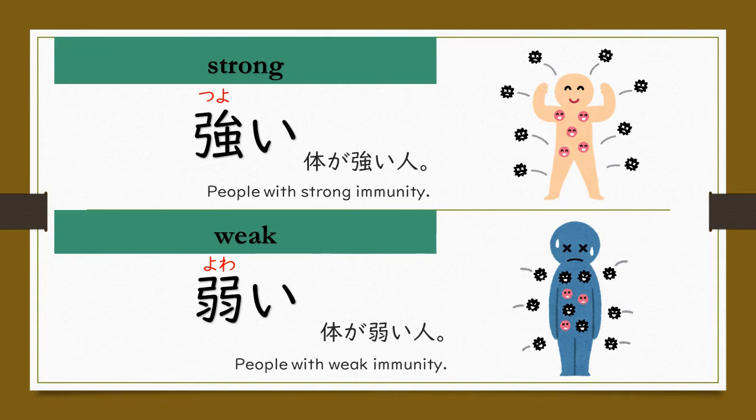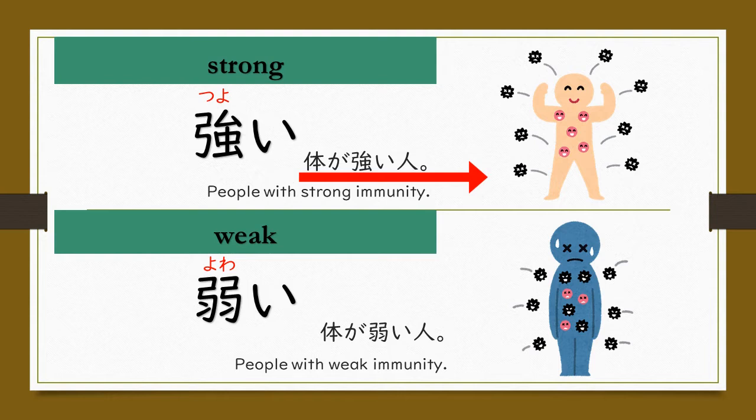When you learn adjectives, if they have an opposite pair, it's good to remember them together. This one, strong and weak. Strong is tsuyoi. Weak is yowai. Example, 体が強い人 means people with strong immunity, because 体 is body and you have a strong body, you don't get sick easily.